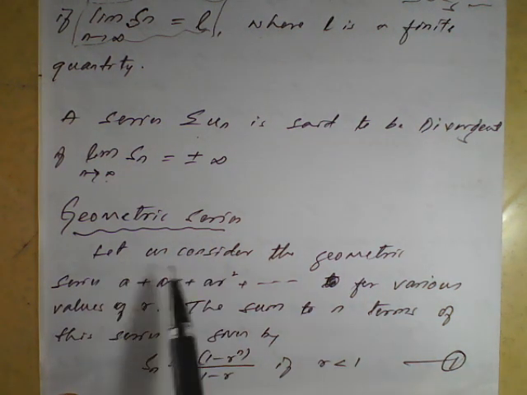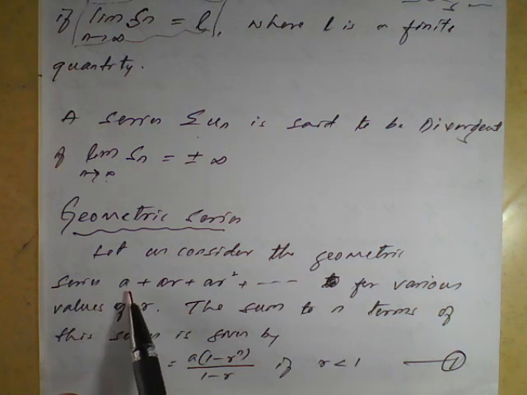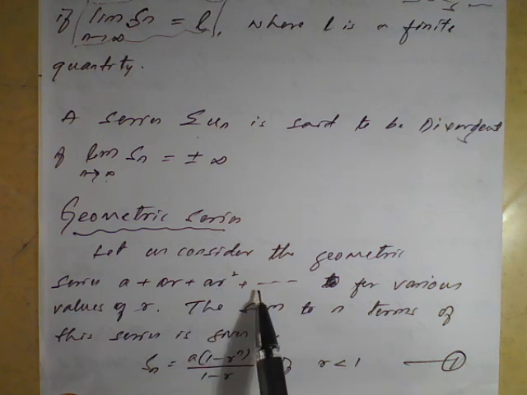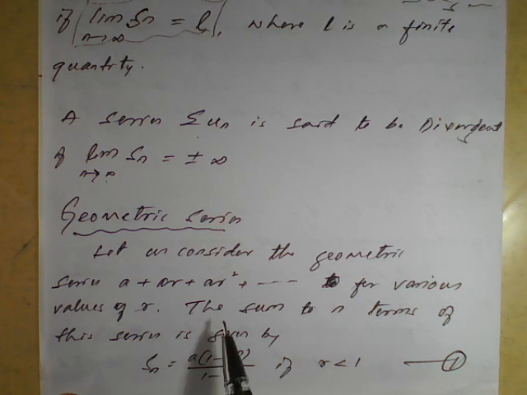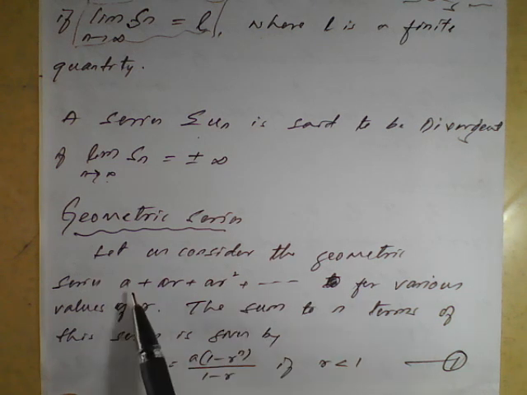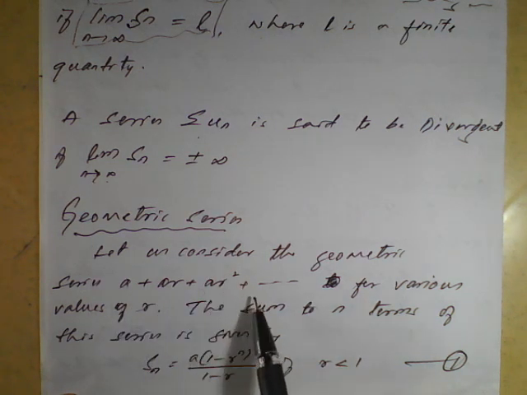Let us consider the geometric series A plus AR plus AR square plus AR cube, and so on, for various values of R. The sum to n terms of this series is Sn is equal to A into 1 minus R raised to n divided by 1 minus R if R is less than 1. This gives equation number 1.